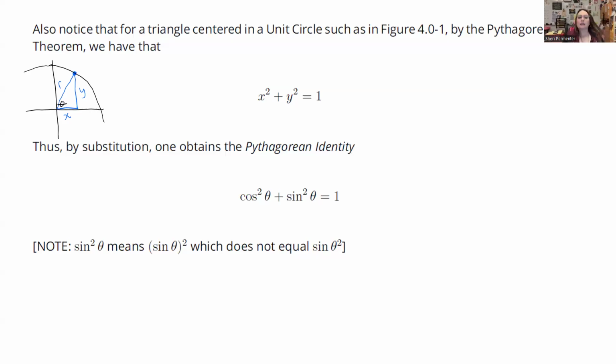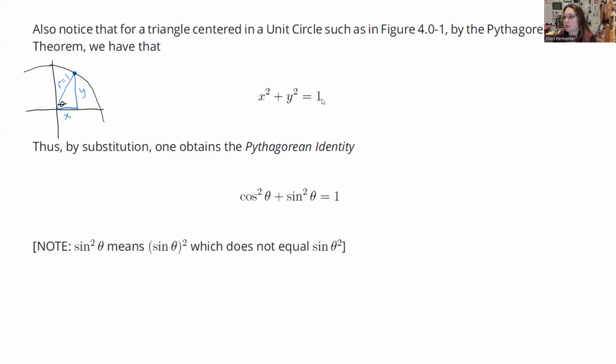If we said that the radius is 1, what would the relationship between X, Y, and R be? Well, the relationship of the sides of a triangle would be X squared plus Y squared equals R squared.